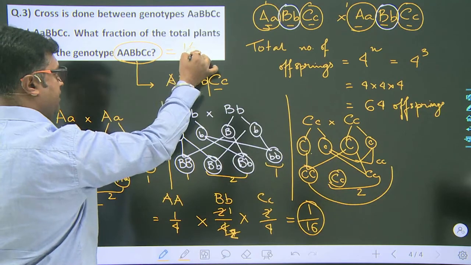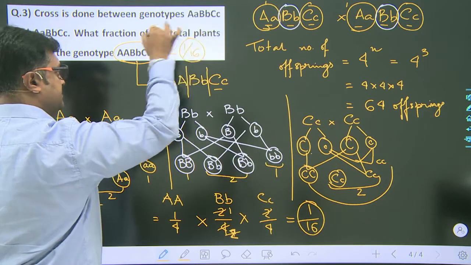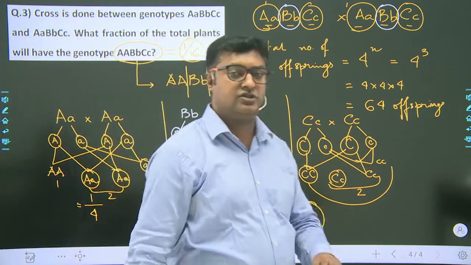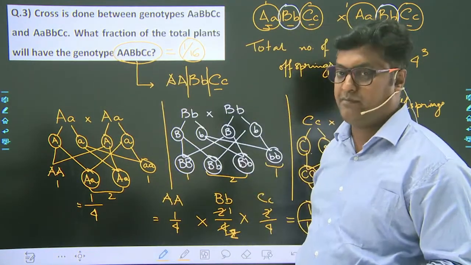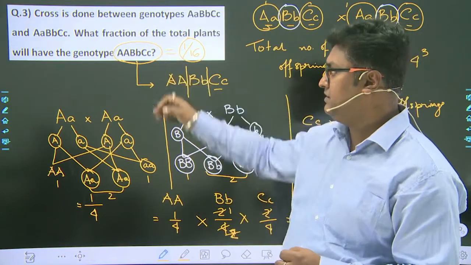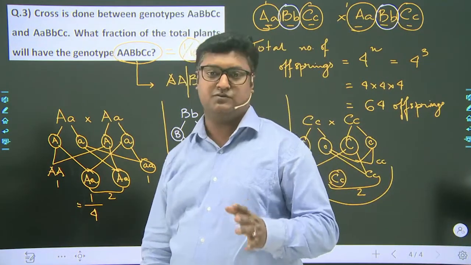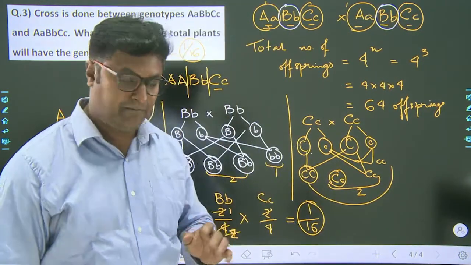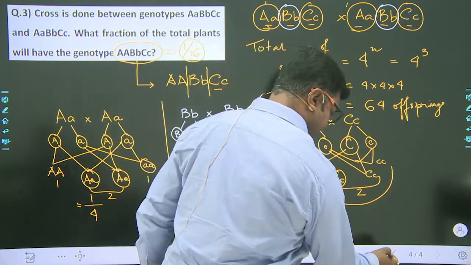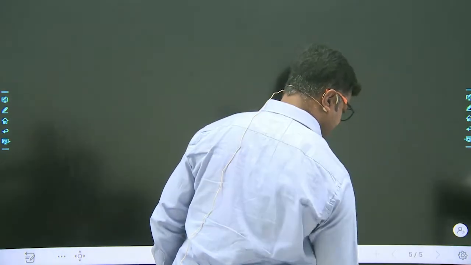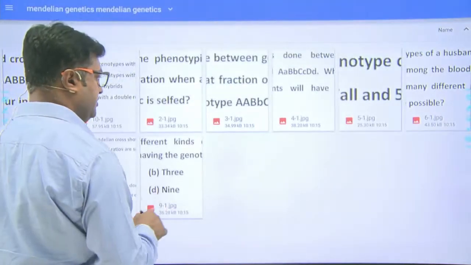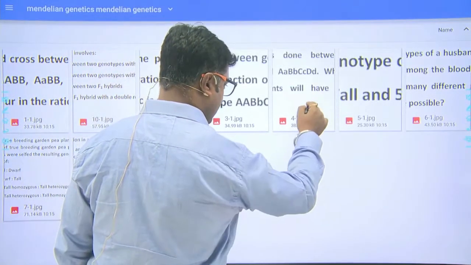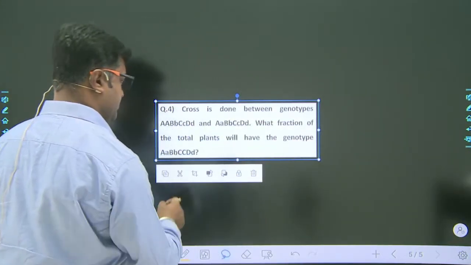The answer will be 1 upon 16 of the total plants, having the genotype capital A, capital B, small b, and capital C. You got it? Clear? I have got a same question of this category which you will be doing for your homework. And that will be question number this one.